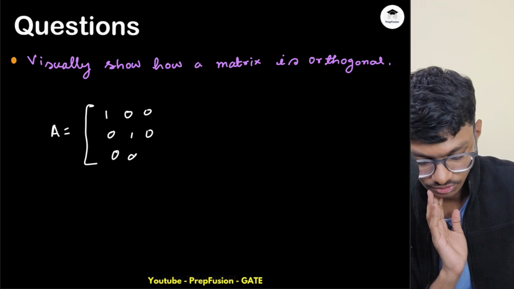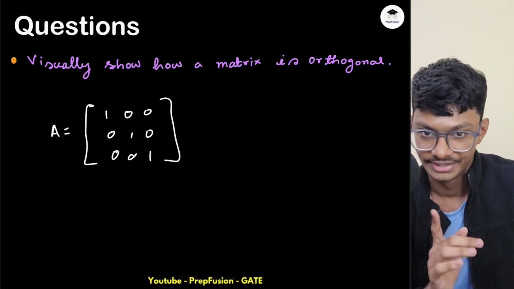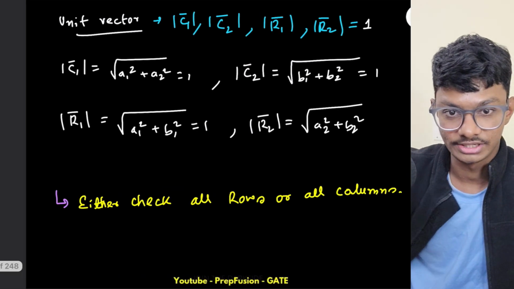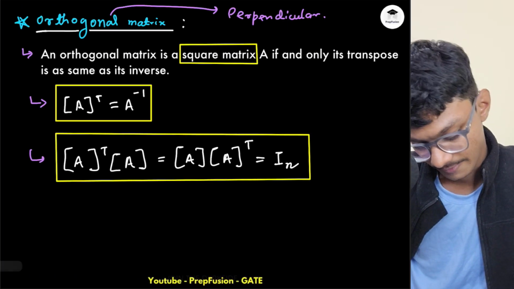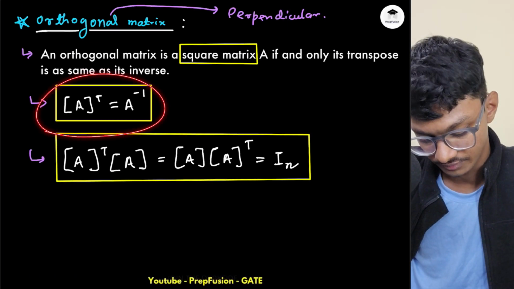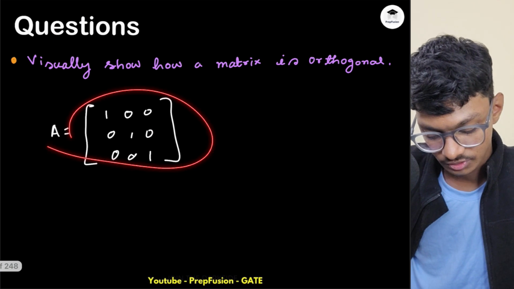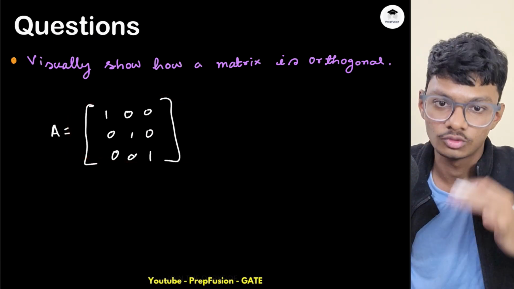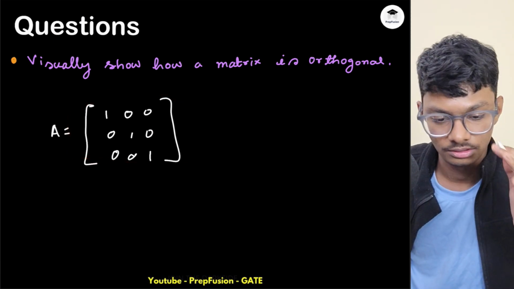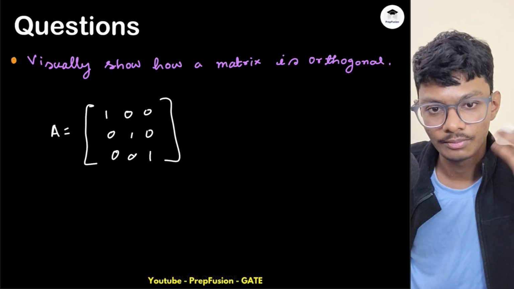1 0 0, 0 1 0, 0 0 1. Does it follow the principle? Basically A transpose has to be equal to A inverse. What is the A transpose? The transpose of the identity matrix is the identity matrix itself.